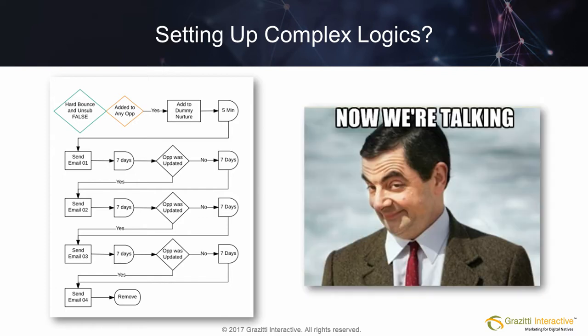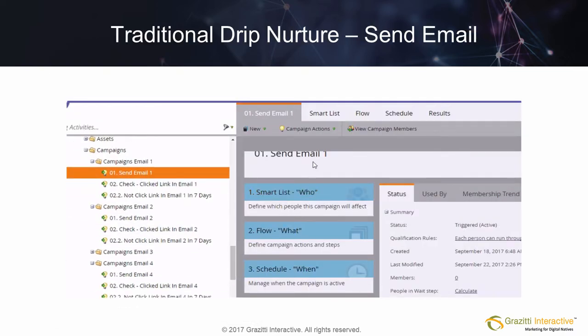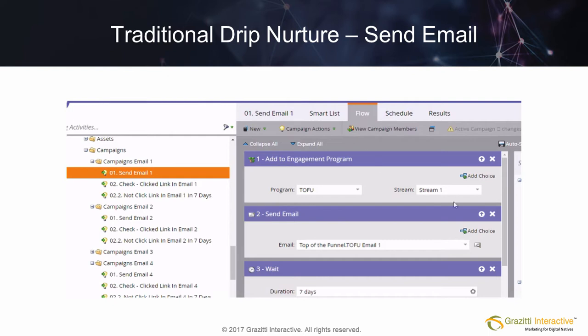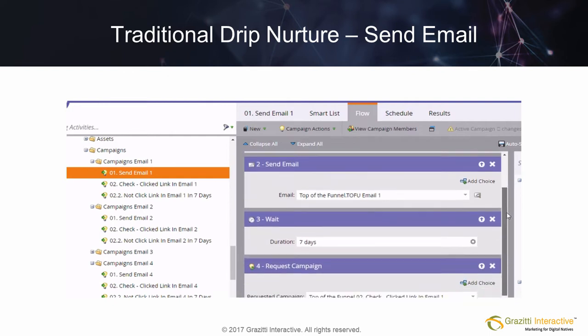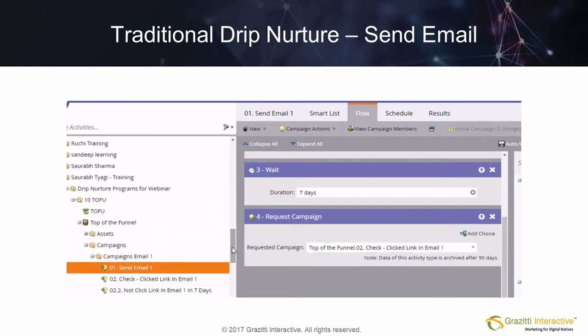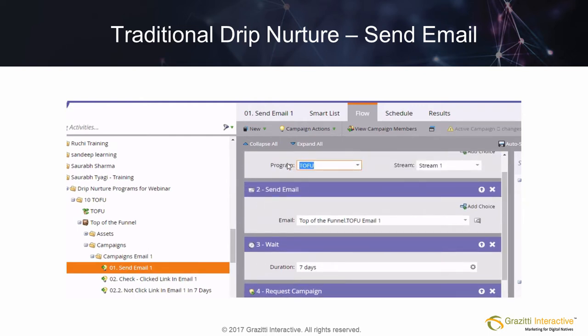Right. And to do that, we rely on the traditional approaches, I would say. And here's the traditional approach. I typically use a requested campaign sequence. So this campaign, which I see over here, is adding the lead to a dummy engagement program, sending the email, waiting for a couple of days, and requesting another campaign which checks whether the lead has clicked in a previous email or not.